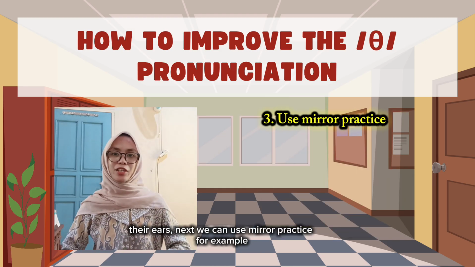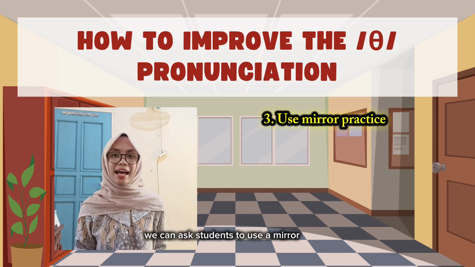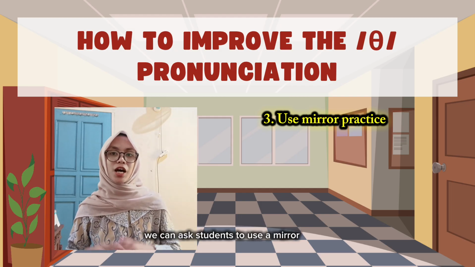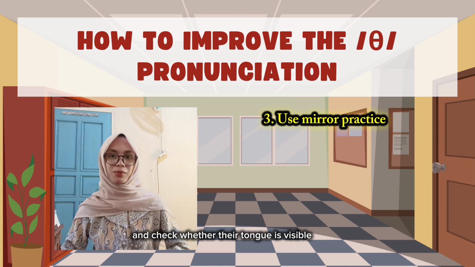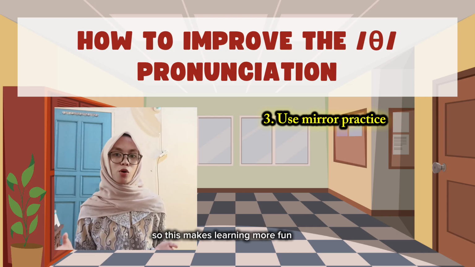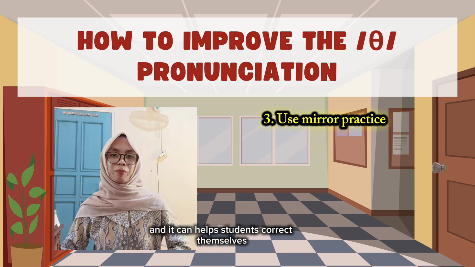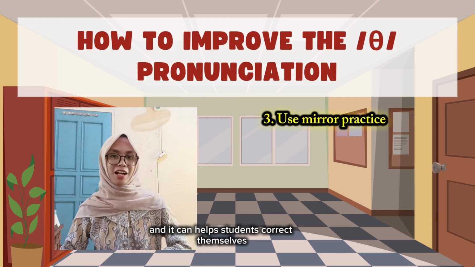Next, we can use mirror practice. For example, we can ask students to use a mirror and check whether their tongue is visible. This makes learning more fun and it can help students correct themselves.